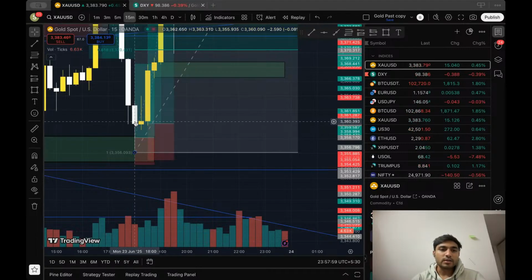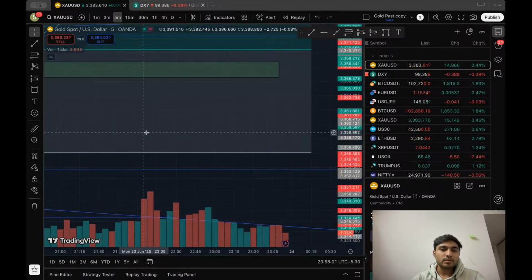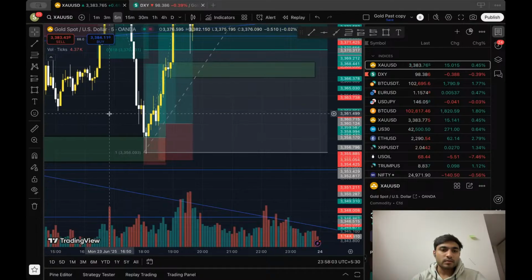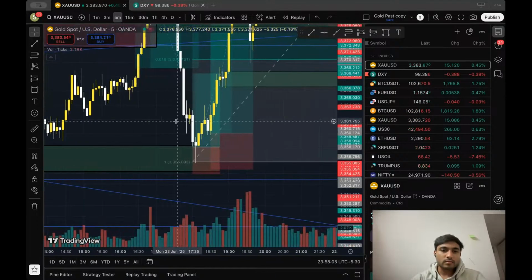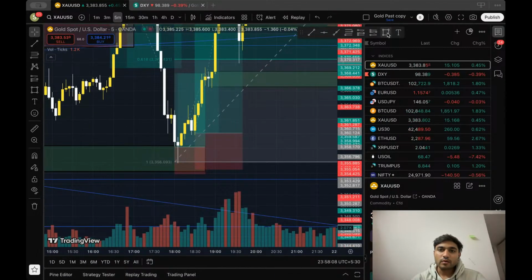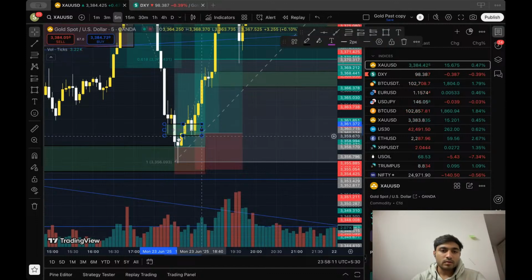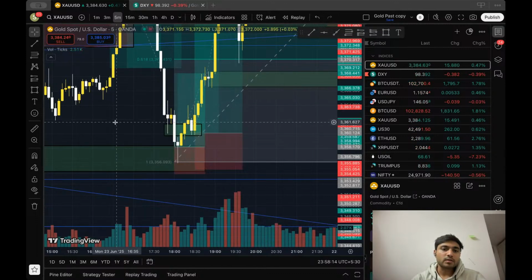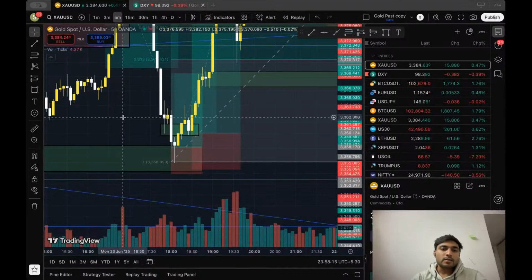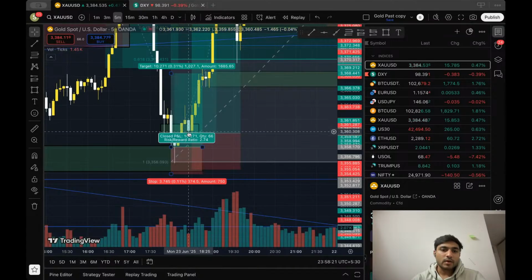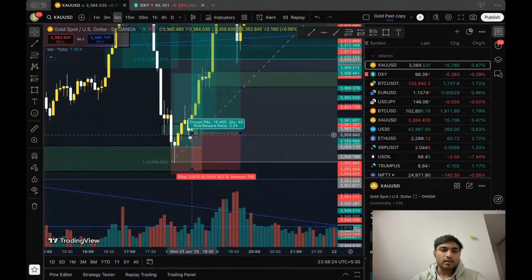So market structure in 5 minutes. I have not drawn the market structure level. Okay, that was the market structure. And as fast as this order block formed, I knew I was right. I entered at this red candle.